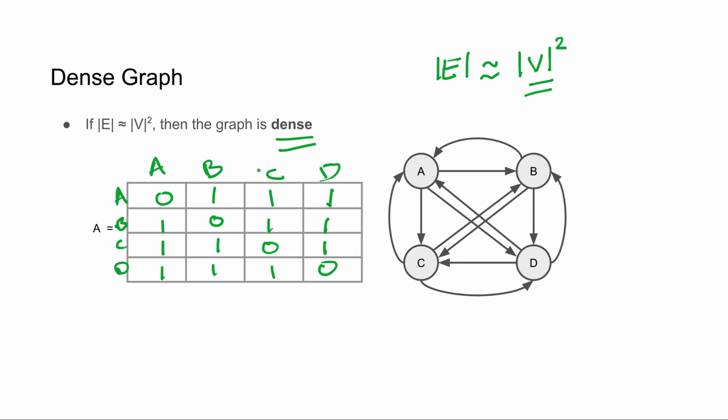So this is an example of a dense graph. Okay. This relation might not be completely equal, it is approximately equal to the square of the number of vertices.